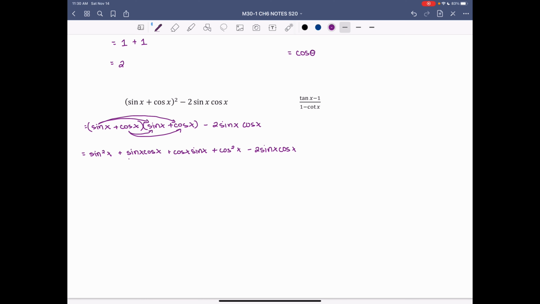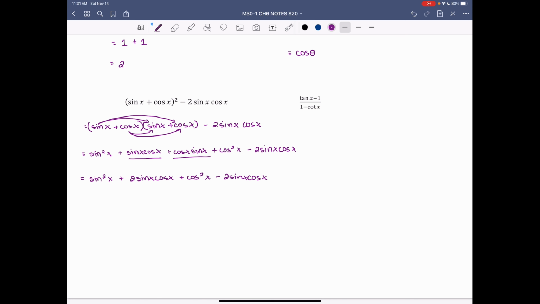Then these two terms, sine x cos x and cos x sine x, they're the same because multiplication is commutative. So we have sine squared x plus 2 sine x cos x plus cos squared x minus 2 sine x cos x.